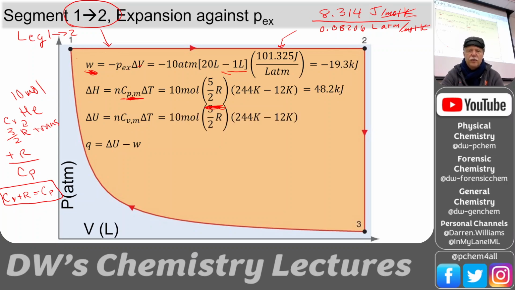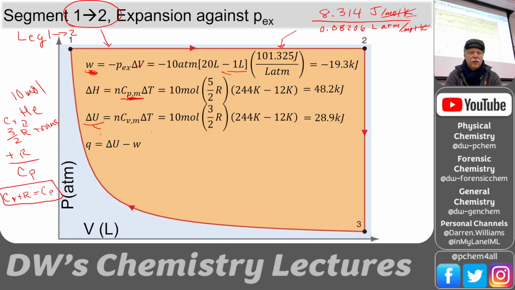So then for delta U, we would have essentially the same calculation, but instead of 5/2, it'd be 3/2 R. And so it's going to be less than the 48. It's going to be 28.9 kilojoules was the change in internal energy. And now that we know delta U, we can use the first law of thermodynamics: any change in internal energy is going to be found in heat and work.